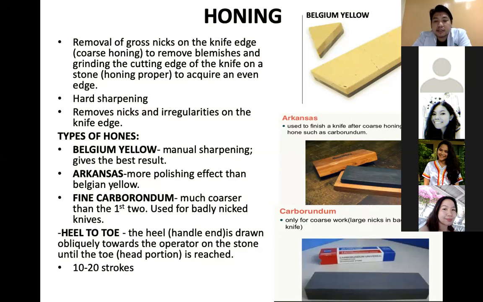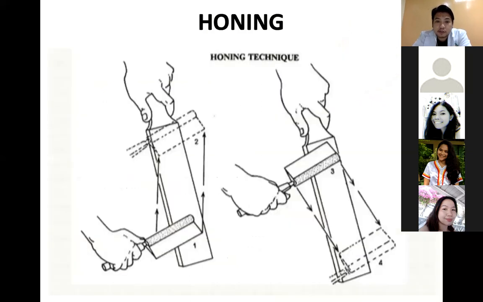Okay. So how do we perform honing? Okay. So we have this movement, the heel to toe. So the heel is the handle of the knife and is drawn obliquely towards the operator on the stone until the toe, okay, or the head portion is reached. So usually we do 10 to 20 strokes to give an optimum honing performance for these knives. So ito siya.